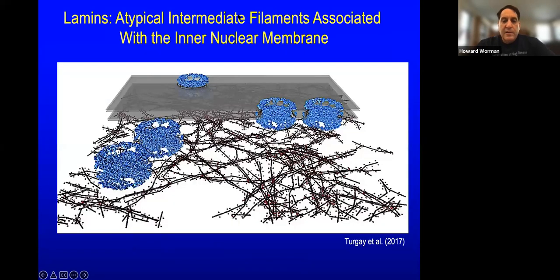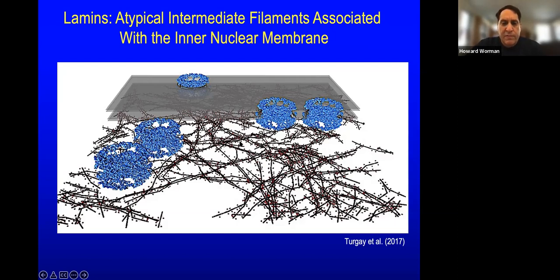Now forward a few years into the future, this is work from Ohad, who maybe is on here today. He did cryo-electron tomography of the nuclear lamina and showed that the lamins are actually more like atypical intermediate filaments. They're probably not, at least in these somatic cells, 10 nanometers in diameter, but closer to 3.5 nanometers.